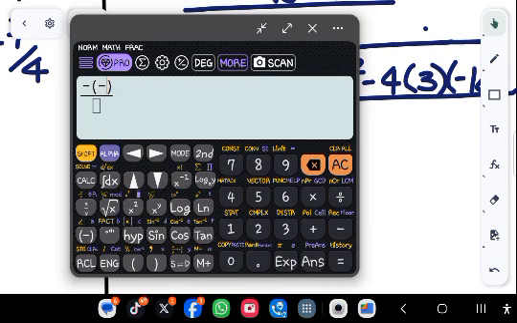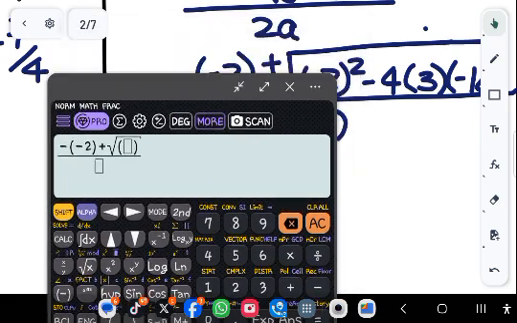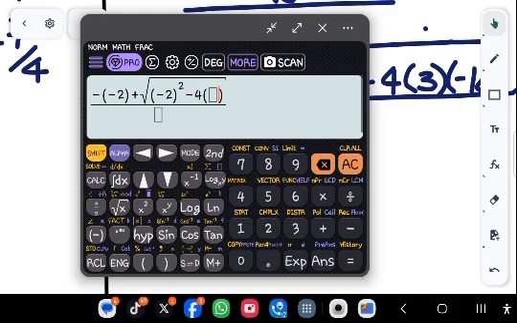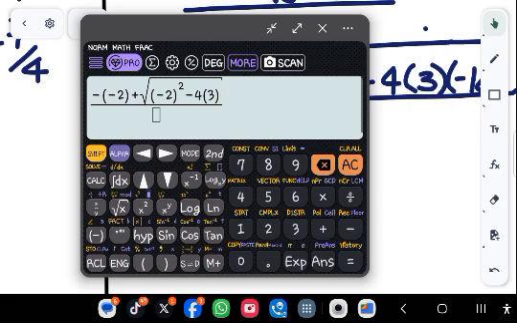Minus, open bracket, negative 2, close bracket, plus square root of, open bracket, negative 2 all squared, minus 4, open bracket, 3, close bracket, open bracket, and then that is negative 14.